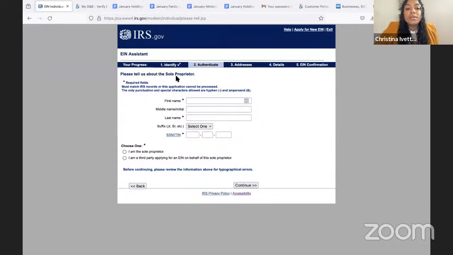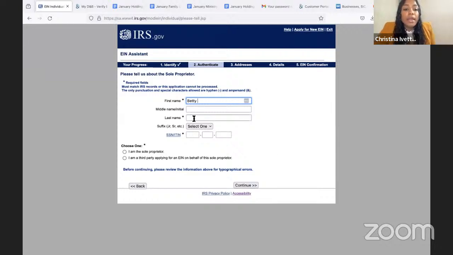Now it's saying, tell us about the sole prop, right? So you're going to put the name of the grantor, okay? You'll put their name here, Betty May.